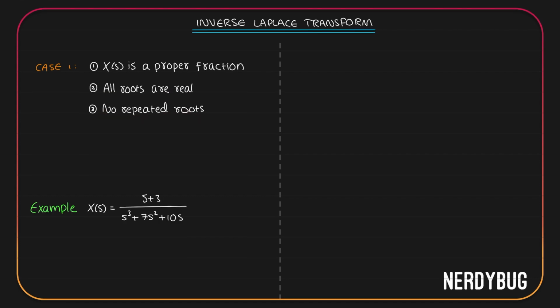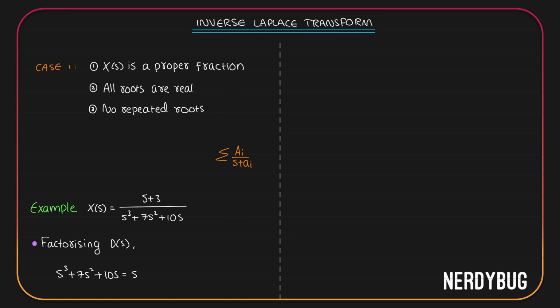Let us see an example to see how we can write this in the form summation of A_i divided by s plus a_i. Here X(s) is given as s plus 3 divided by s cubed plus 7s squared plus 10s. The first step is to factorize the denominator. Our denominator is s cubed plus 7s squared plus 10s.